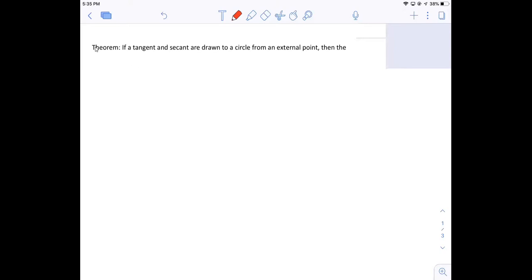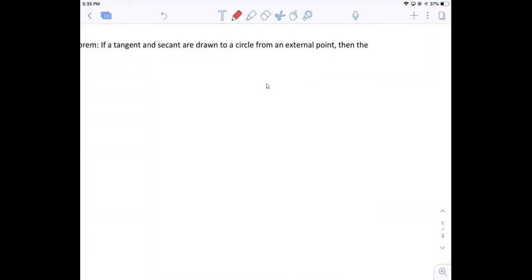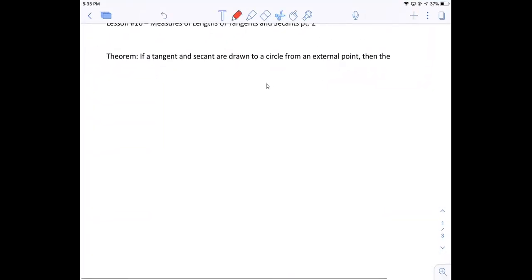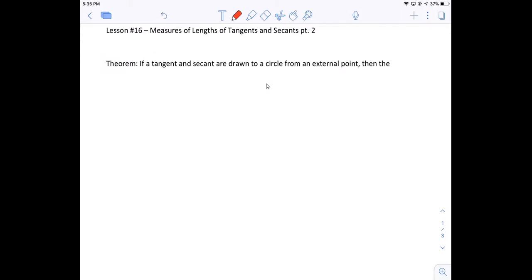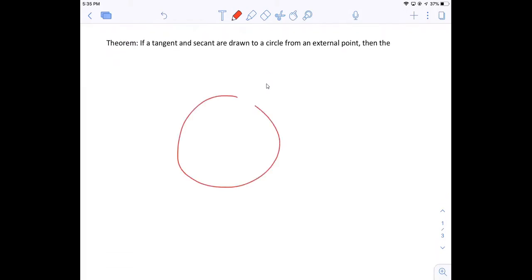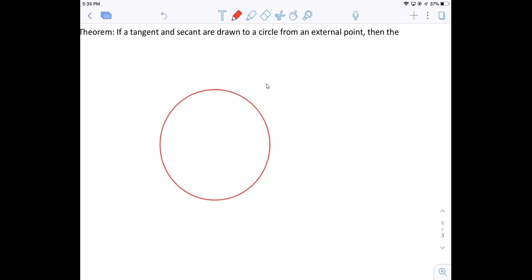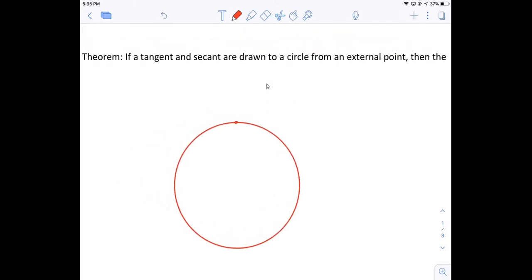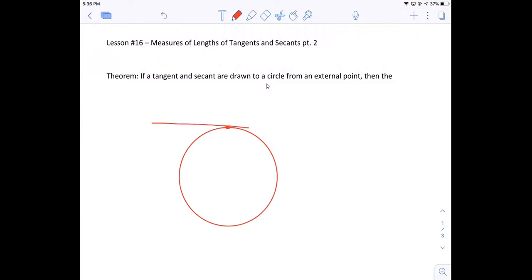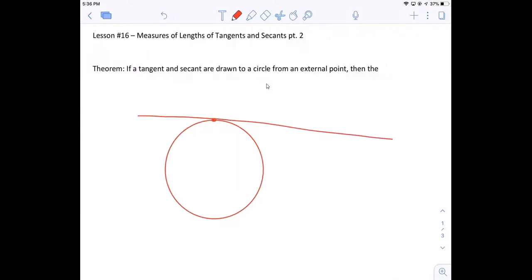So if you want, just read through this theorem and see if you can figure out what you should be constructing in your lab to see the relationships between this tangent and secant. So in your calculators, what you should be doing is making a circle and constructing a tangent, maybe something like that, and constructing a secant, and you are to find a relationship between the lengths.